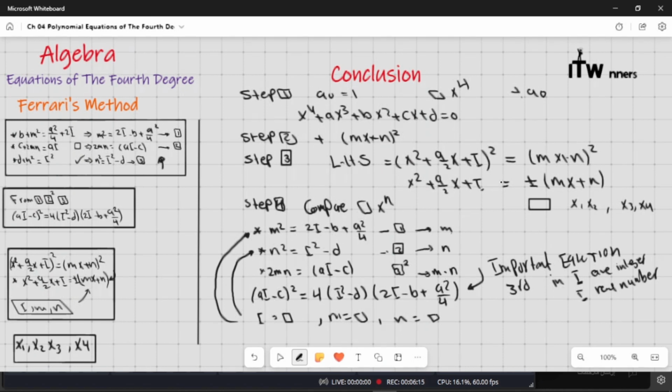Okay, just substitute here in this quadratic equation to obtain for the first values of m, n, we get x1, x2, and for the second values of m, n, we just obtain x3 and x4.